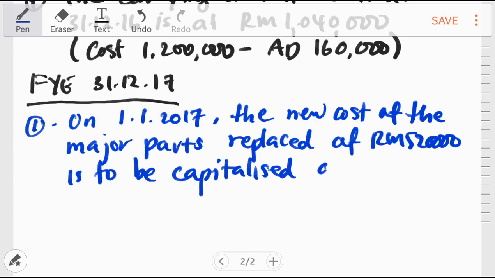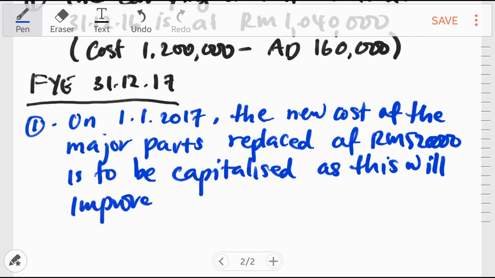Why? You need to give the reason, as this will improve the performance of the equipment. So this one you can just pick up from the question.